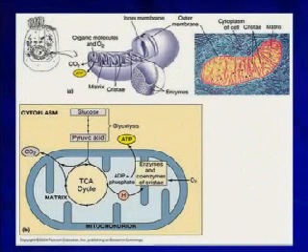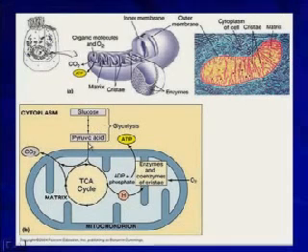Again, beginning with glucose. And remember, we talked about glycogen earlier, which is stored in muscle and stored in the liver. A source of energy. Glycogen is broken down into glucose. Glucose moves inside the cytoplasm through a process referred to as glycolysis. Glucose is broken down into a 3-carbon pyruvic acid.